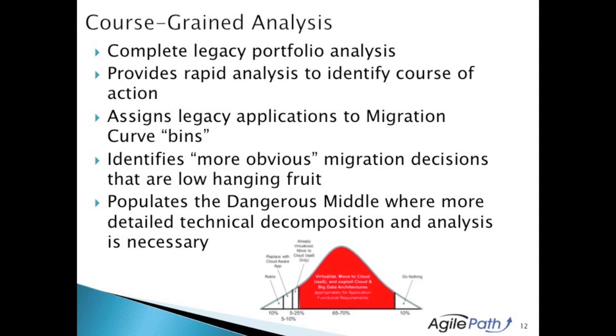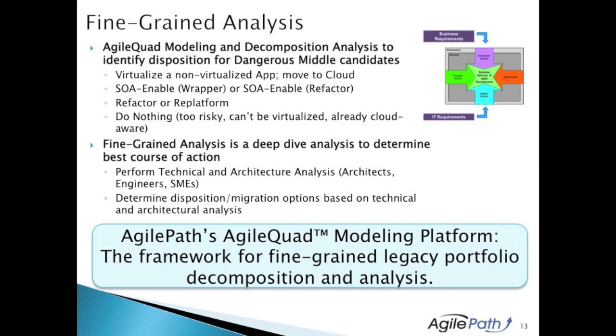For those things primarily in the dangerous middle, they require, again, a more detailed, or what we call a fine-grained analysis. And to support that, AgilePath has developed what we call an AgileQuad modeling and decomposition analysis methodology. So it looks at the application and, again, applies a set of more detailed questions in more of a decision tree format.